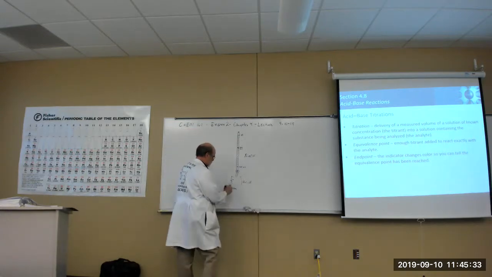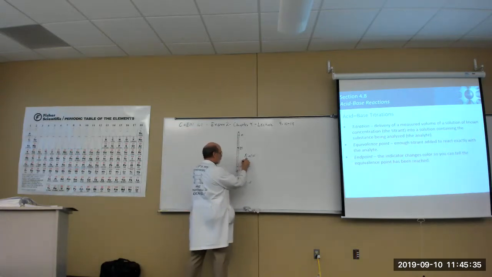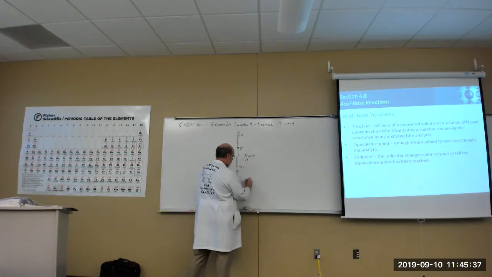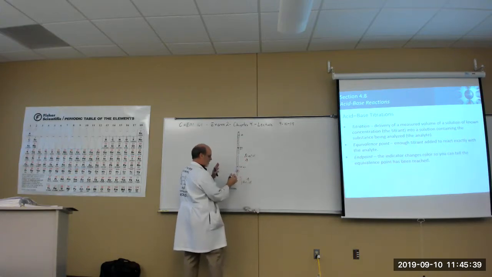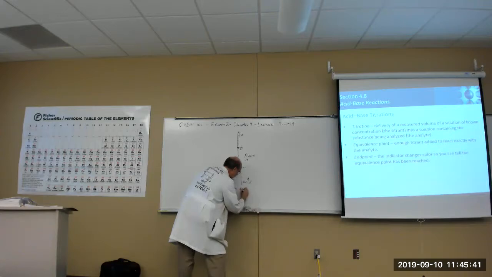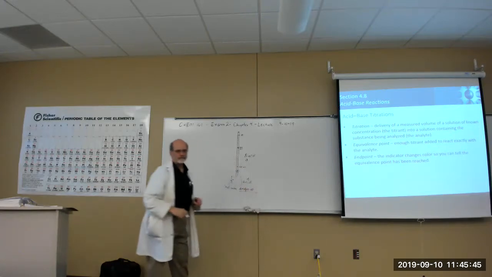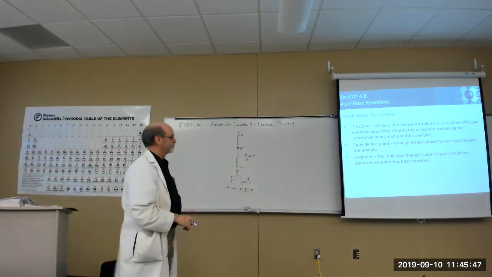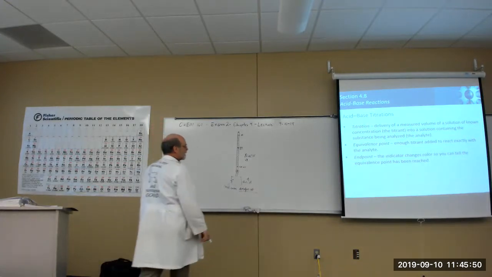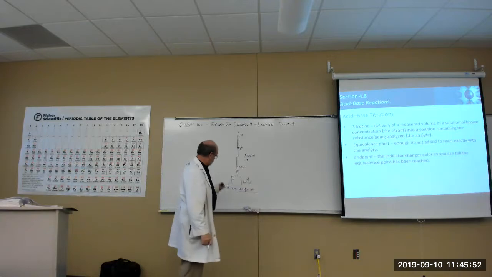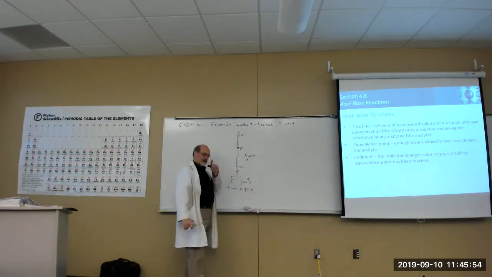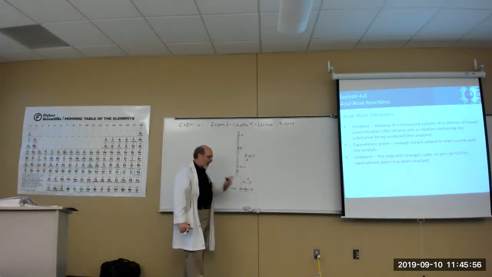This is known when the amount of moles of this equals the amount of moles of that, and that's called the end point of the titration. Okay? Now, this is a practical matter.